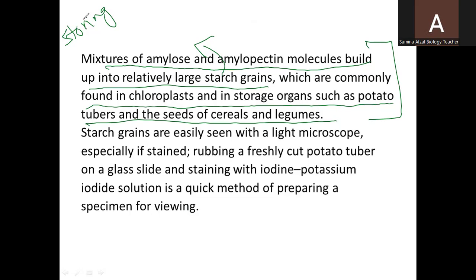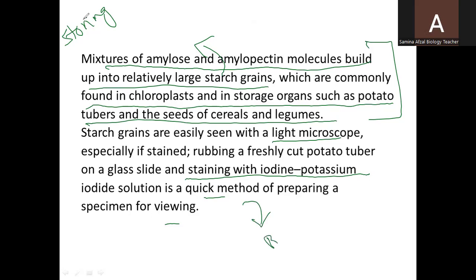So starch grains, if we want to see them easily with the light microscope, then we can rub a freshly cut potato tuber on a glass slide and stain it with the iodine potassium iodide solution. Iodine solution, simply we say, which is actually the potassium iodide solution. So we can drop iodine solution over the slide, then we can see the color is changed.